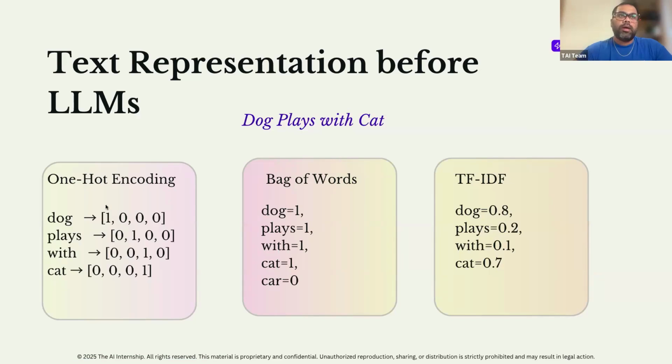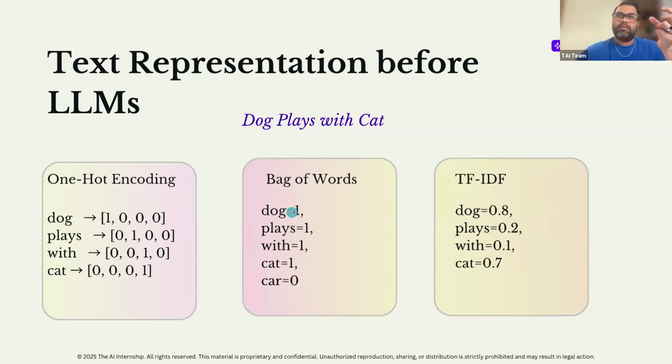For each categorical variable you would have a column, so this is the dog column, and in that column you only have a one for dog because dog is there. Then for plays you have another one representing that there's a value there, another one in the third position, and cat being the fourth position. So you can represent the sentence using one hot encoding, but this is still just word by word capturing.